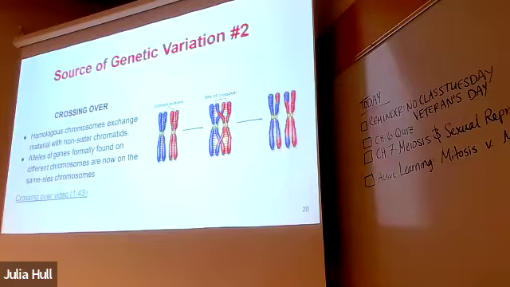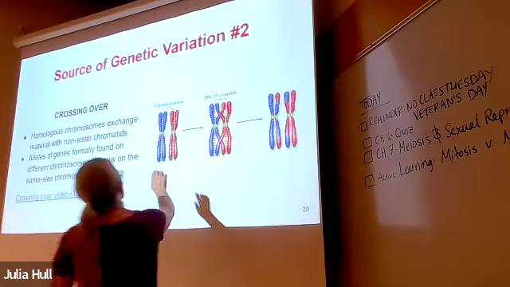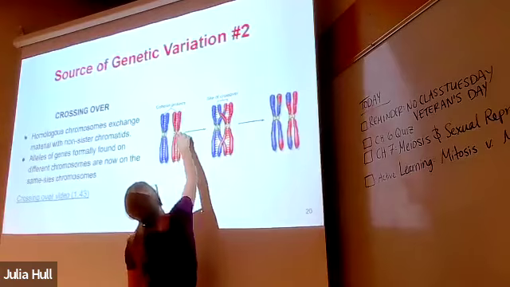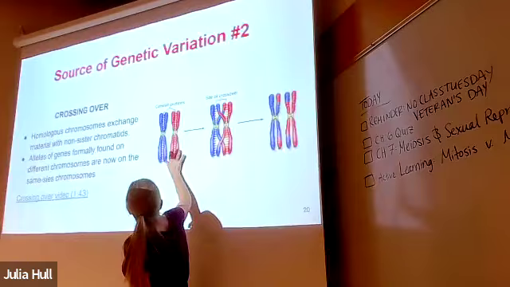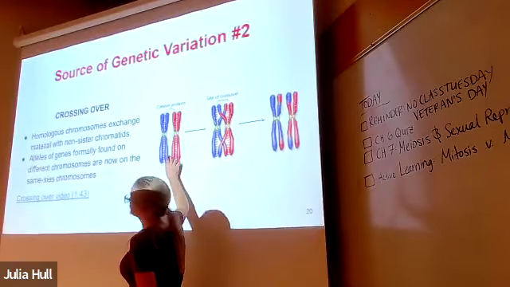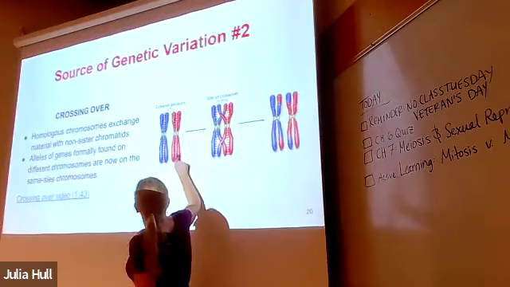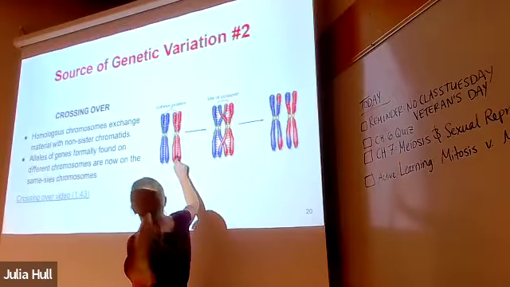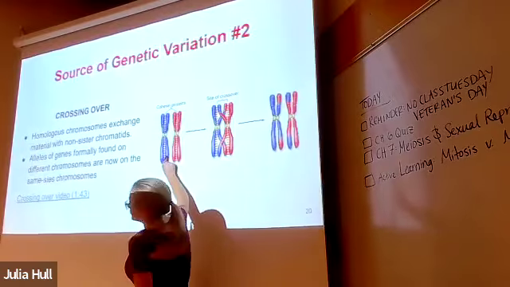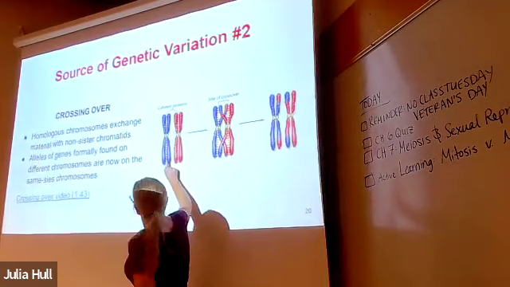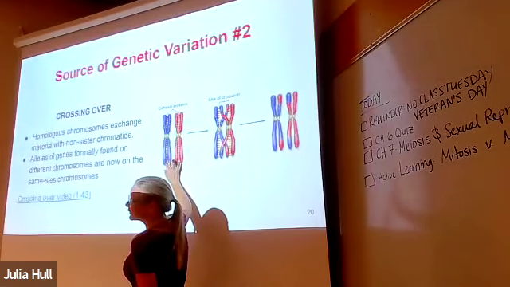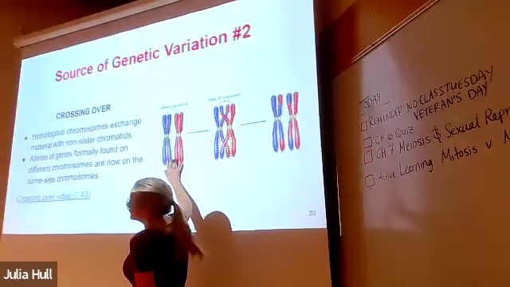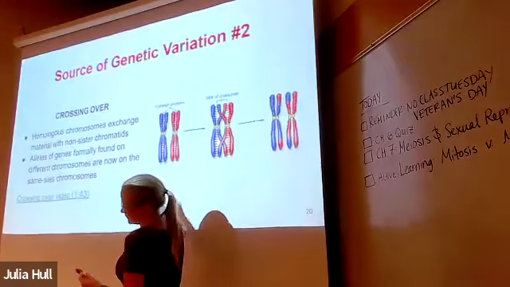We remember that we've got these sister chromatids being held together. These are exactly, allegedly, genetically identical. These are exact copies of each other. So if you have an allele for brown hair, you have an allele for brown hair. But if we have an allele for blonde hair on our non-sister chromatid, right, they're homologous, they still have hair color, but they don't necessarily have to be the same.